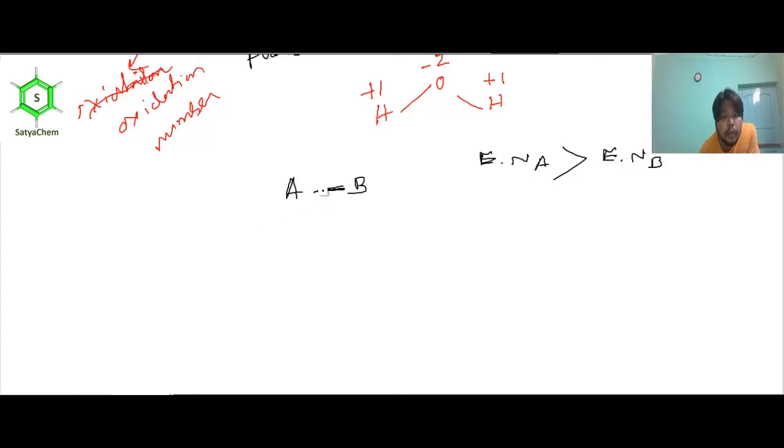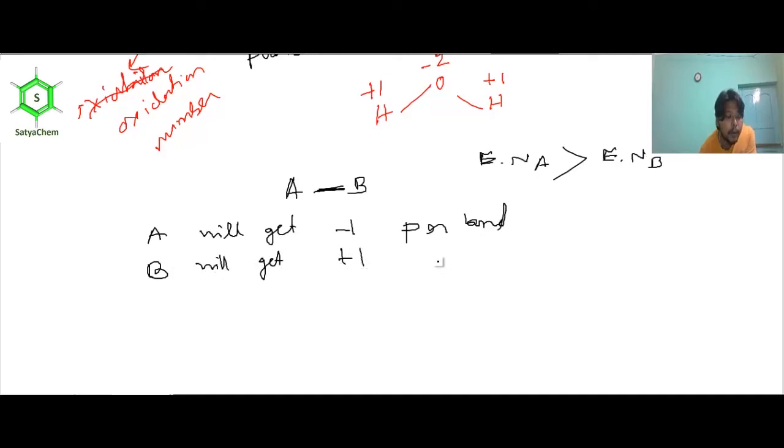A single bond contains 2 electrons, so these 2 electrons will shift towards A. Then A will get minus 1 per bond and B will get plus 1 per bond.